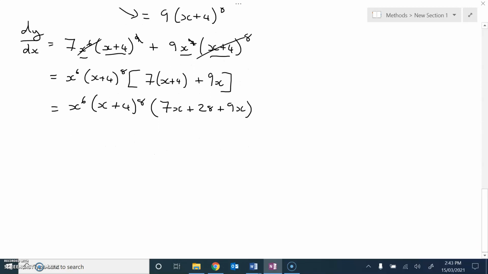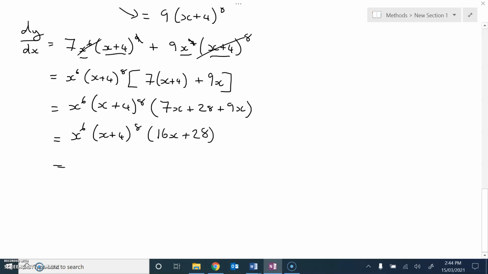Give ourselves a bit more space. x to the 6, (x plus 4) to the 8, 7 plus 9 gives me 16x plus 28.